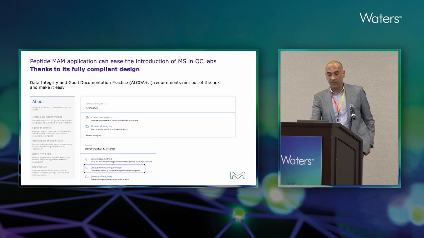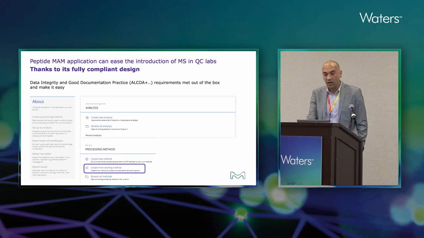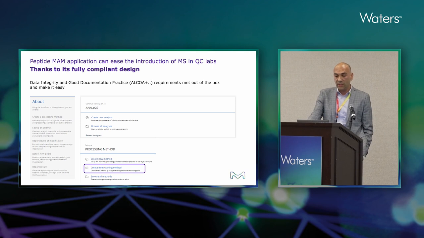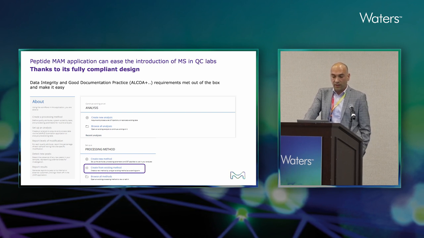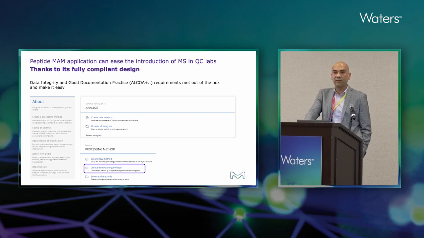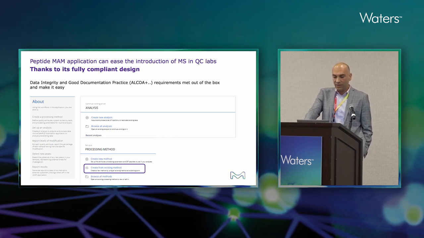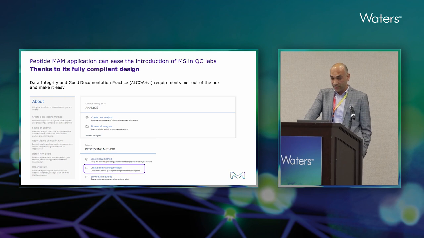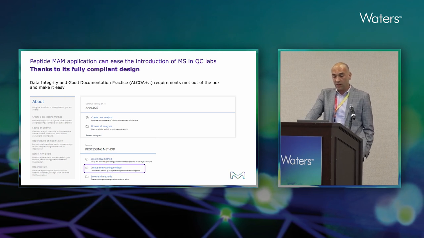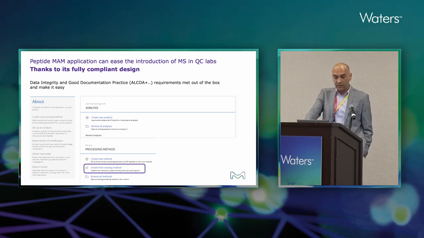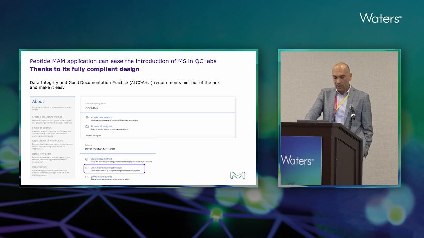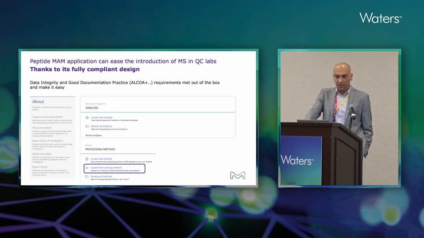So now that we have discussed how we can substitute charge analysis and introduce MAM in clinical QC release, there is one last step. It is to convince your computerized system validation colleagues that the application and the software will fulfill all the requirements for GXP purposes. I have to say that the peptide mapping software is really developed to do so. It's extremely easy.